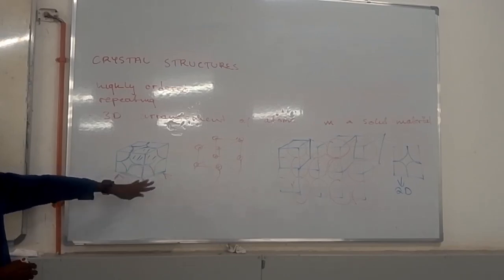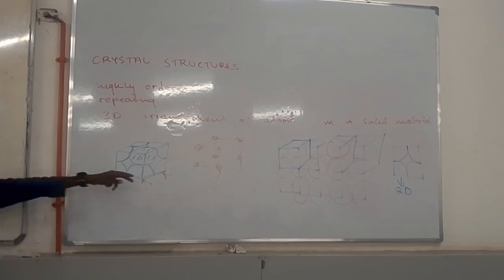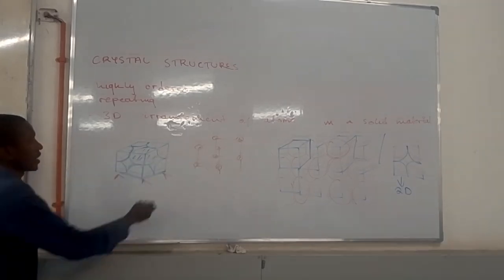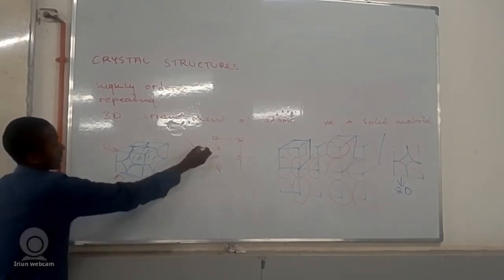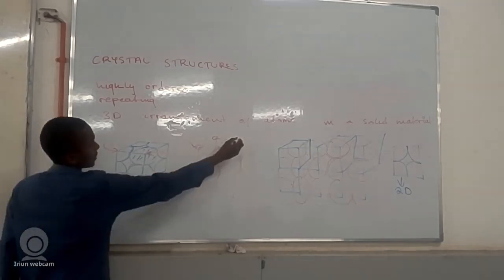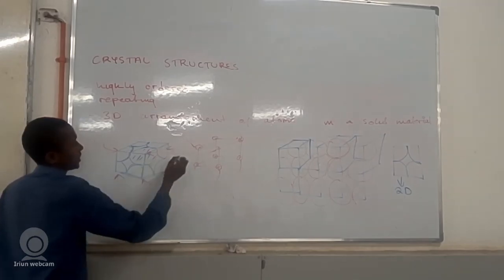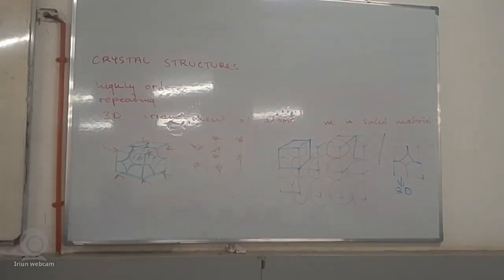I don't know if you can see that. Can you see that? So this atom is being covered. But we know that this one here is the upper one. This one here is the one here. This one is the one here. This other one is the one. We see that? Yeah.